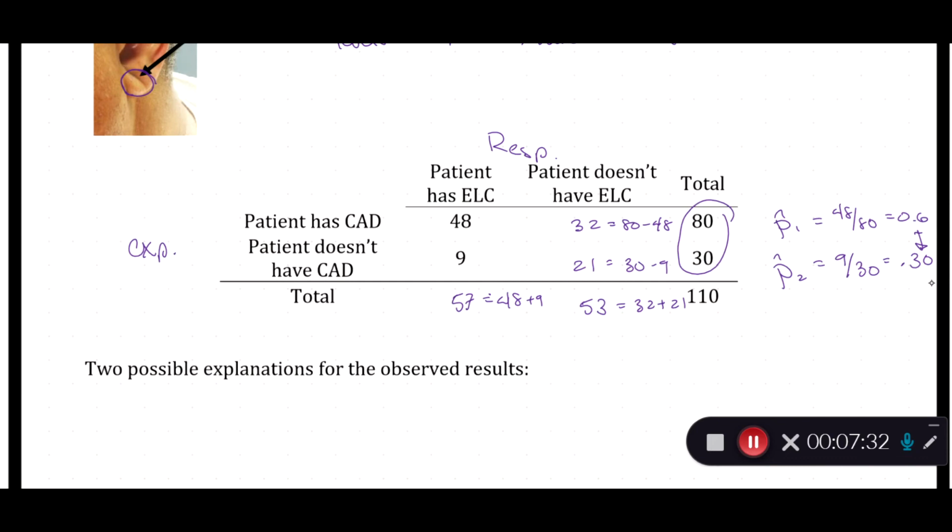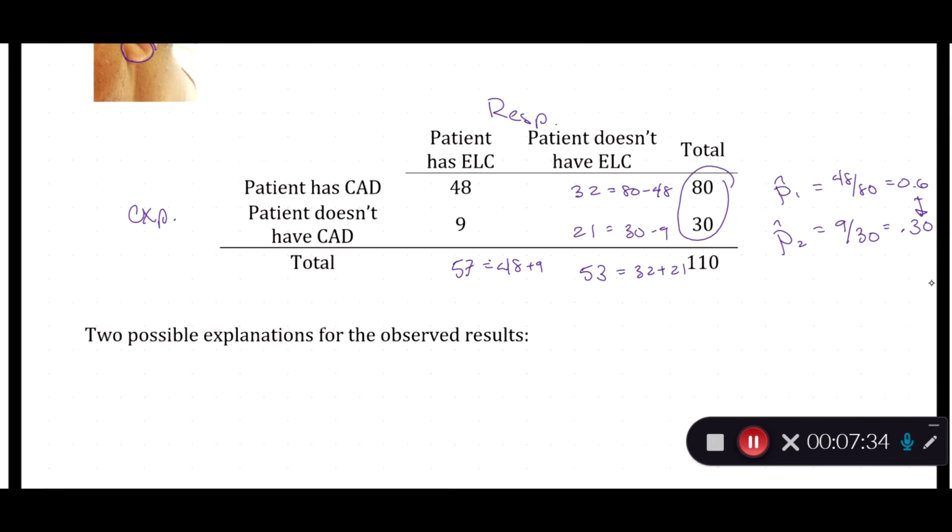We have two possible explanations for these results. One of them is that the differences observed, or any differences we observe from this study or any others, are just due to chance. This is the same possible explanation we saw when we looked at the two-sample test for means.